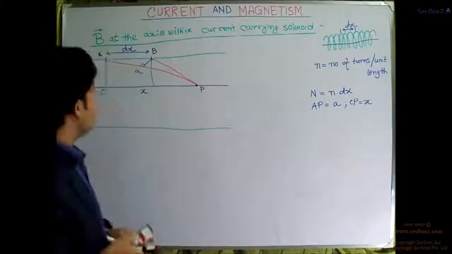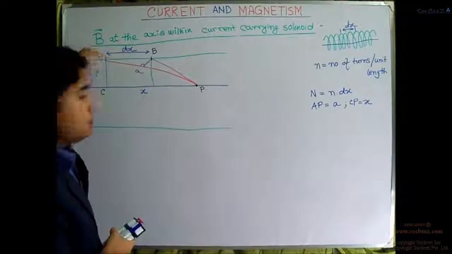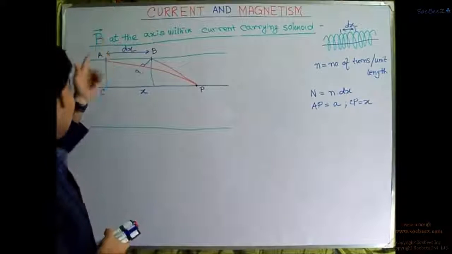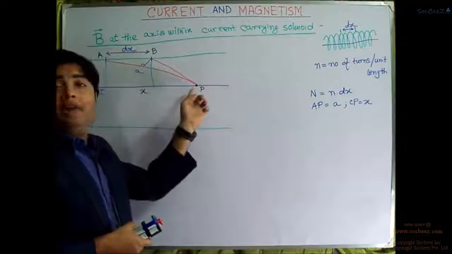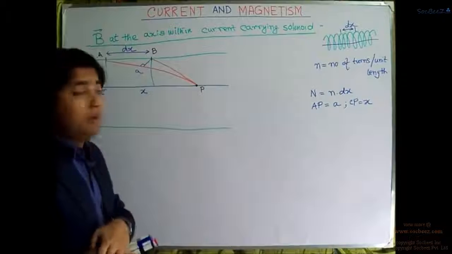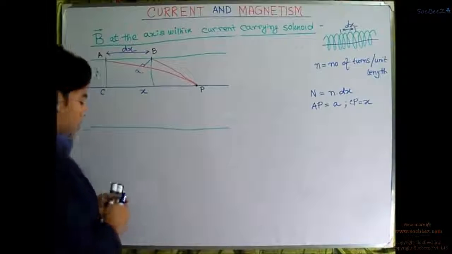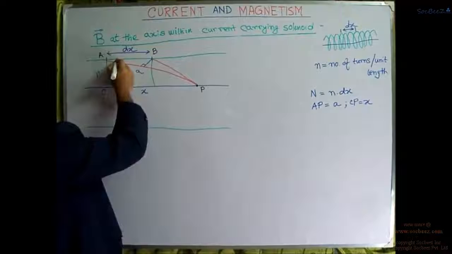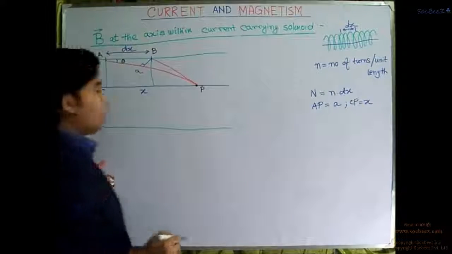Now, since dl is a small region over here, the distance from this point to the point where we intend to find the magnetic field is in this direction. The angle is this one, equal to theta.